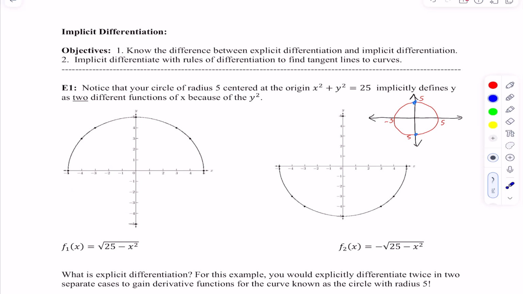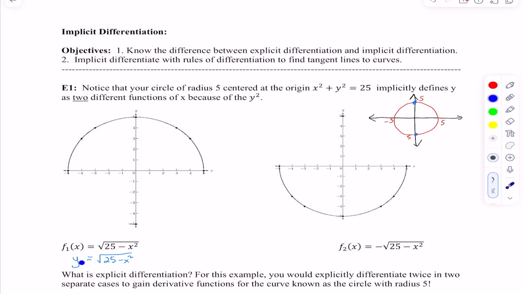When we talk about a function explicitly, it really means that we have a y, which stands for a function of x, and that y has an exponent of 1. Up here, if you have an exponent of 2 on the y, then this is an implicit equation. Down here, however, you have an exponent of 1.